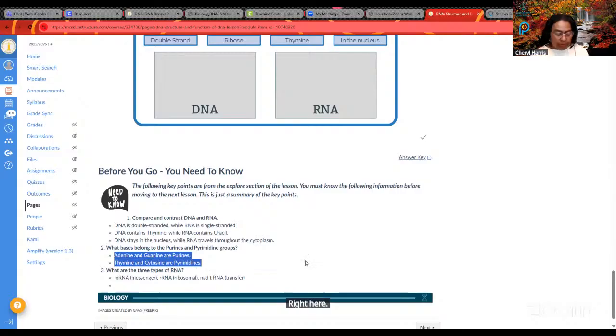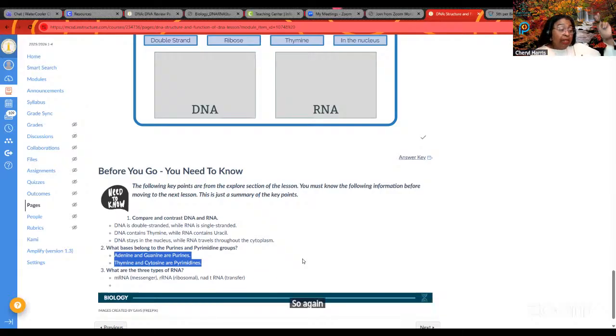That's what you need. Adenine and guanine are purines, and thymine and cytosine are pyrimidines.